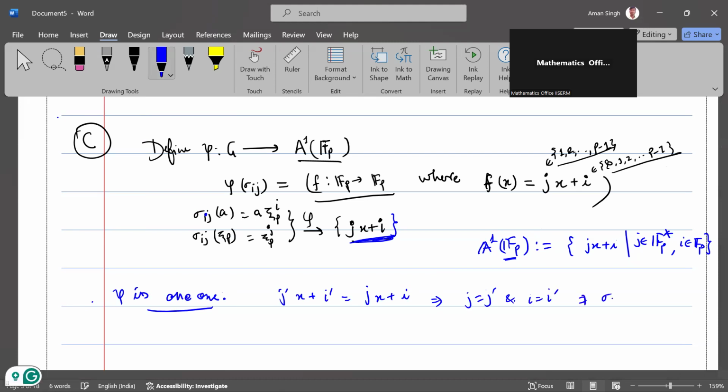This implies sigma_ij is the same as sigma_i'j'. So this is one-to-one, also onto.